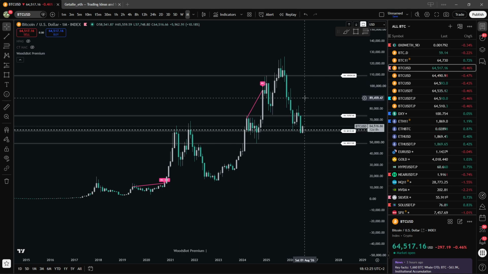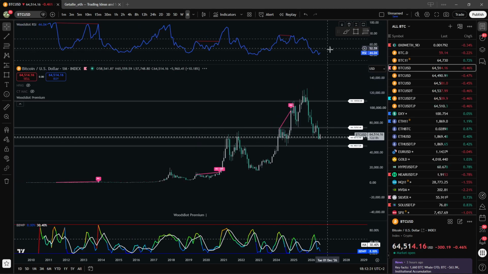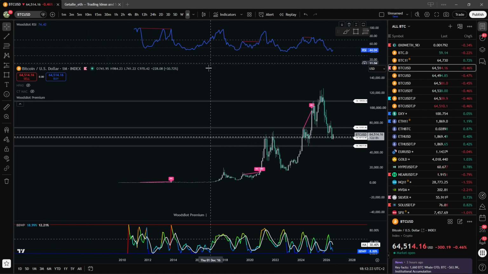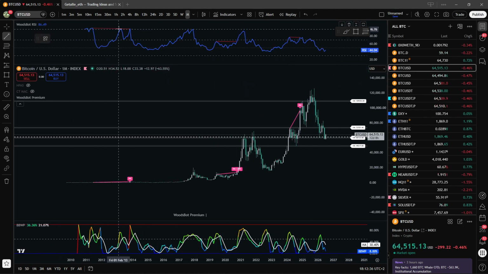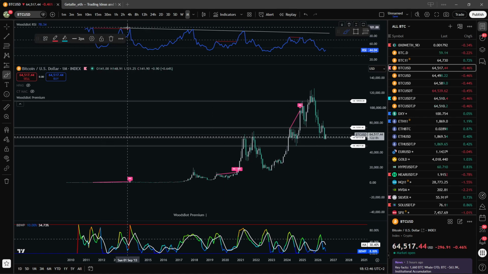But there is still some relevancy to the monthly time frame, even though it's high. For example, you can see that on the RSI indicator, we have this really nice bearish trend line going on, right? Every time the RSI touched this trend line, this was the macro top.